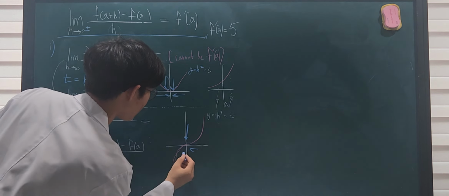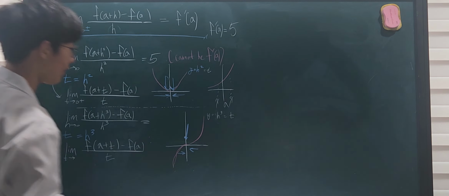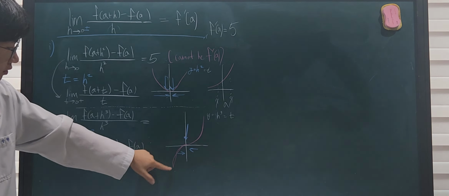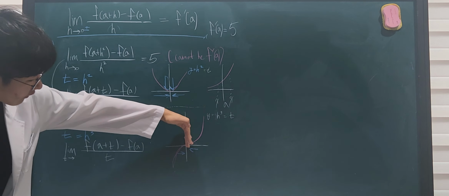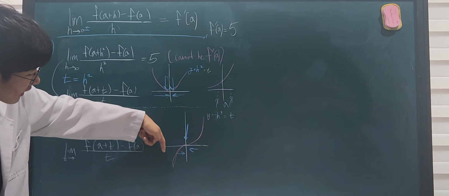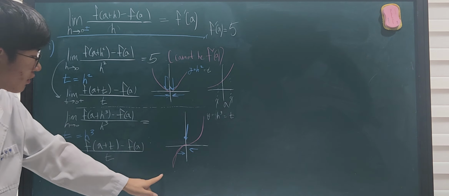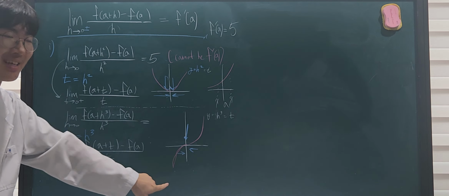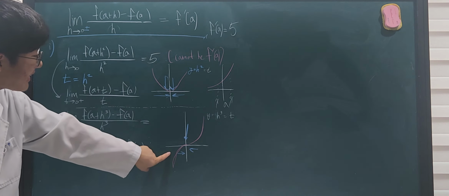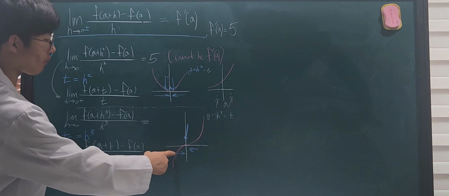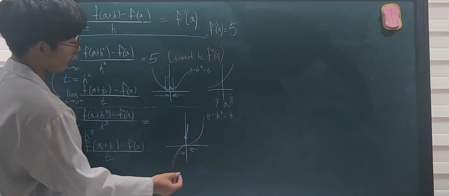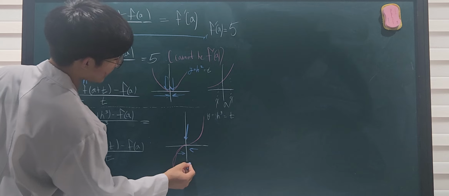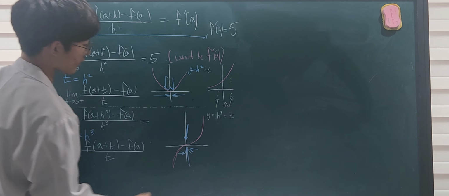However, when h approaches 0 from the negative side this time, you can see that this cubic function on the negative side of 0 starts off with negative infinity, but gets slightly less negative to become 0 as h approaches 0 from the negative side. So since it gets bigger, we can say that this function approaches 0 from the negative side.